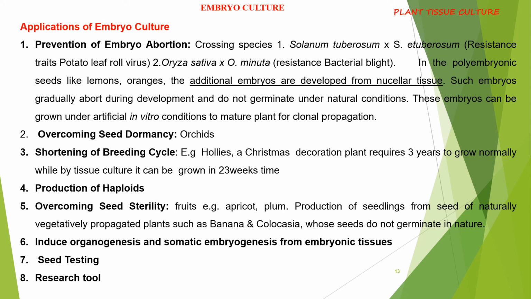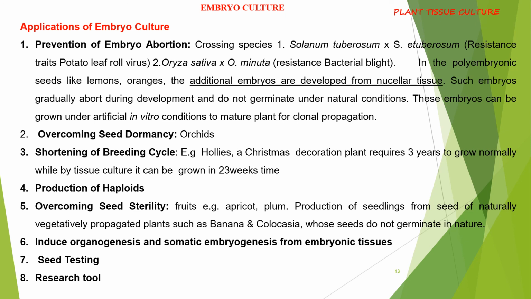Embryo culture also helps to overcome seed sterility in many plants, like cherries and banana. Embryo culture helps to overcome seed dormancy in many plants like orchids to produce viable seedlings.